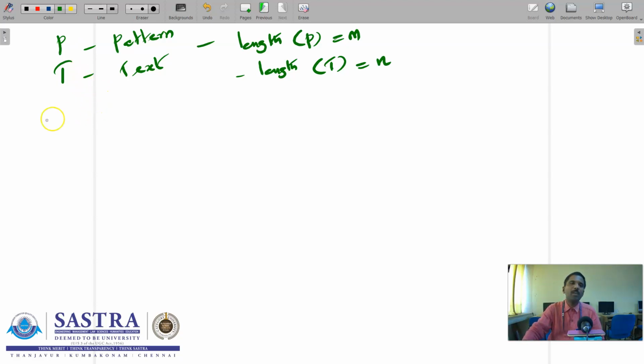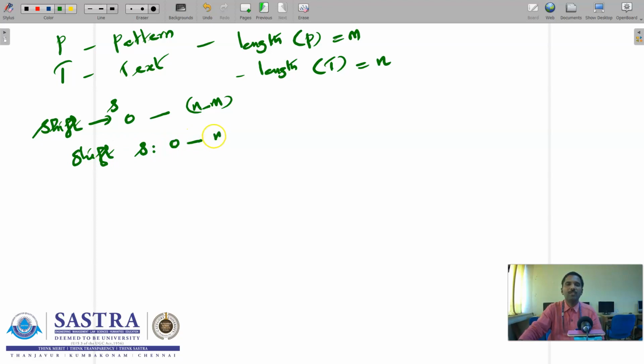Since in the naive string matcher algorithm, we start the shift S from 0 up to N minus M. Shift S takes a range 0 to N minus M. In each shift, we are performing the character comparisons.